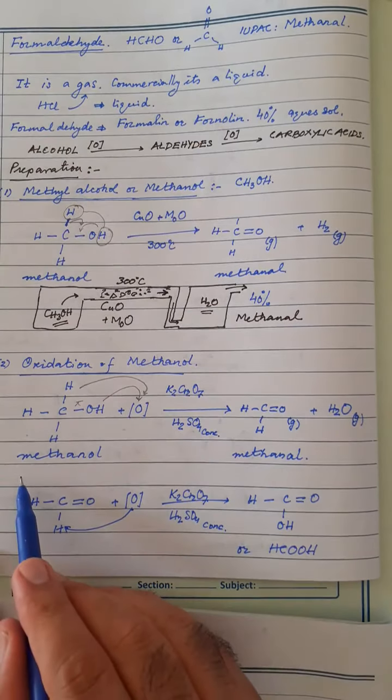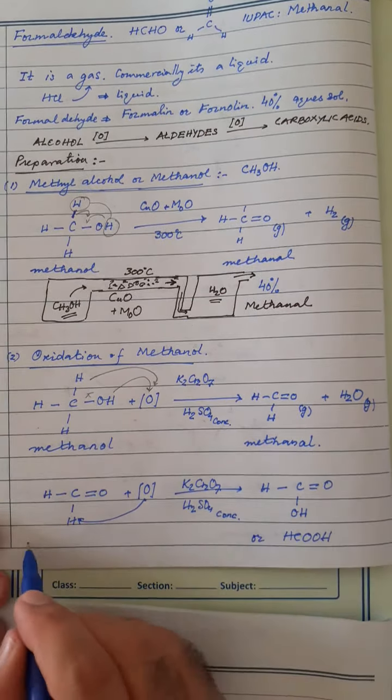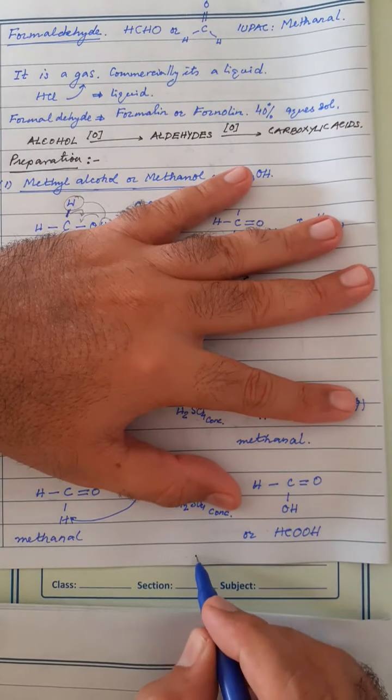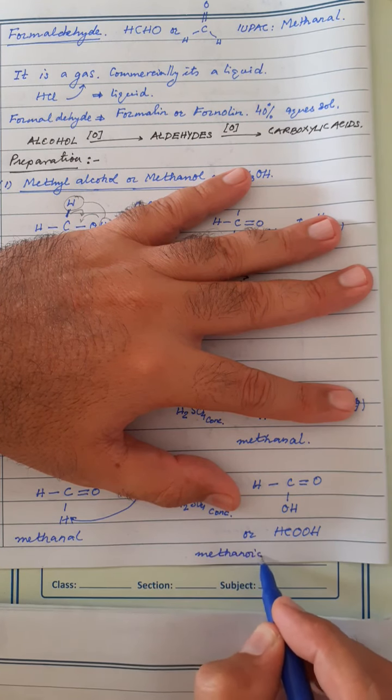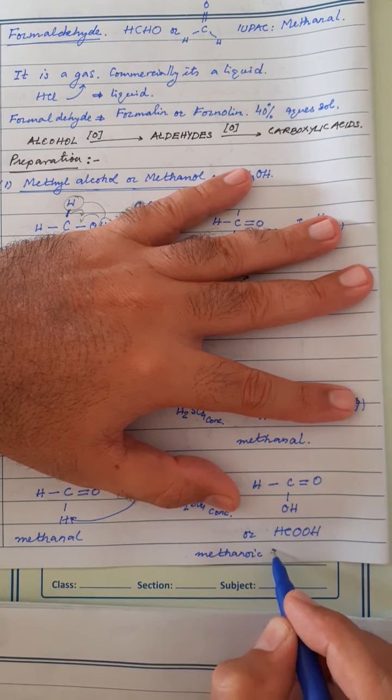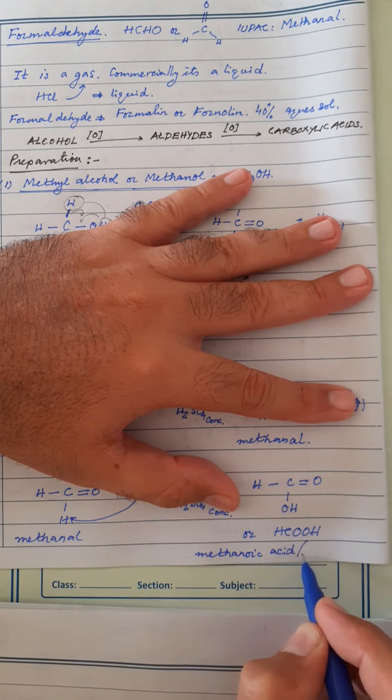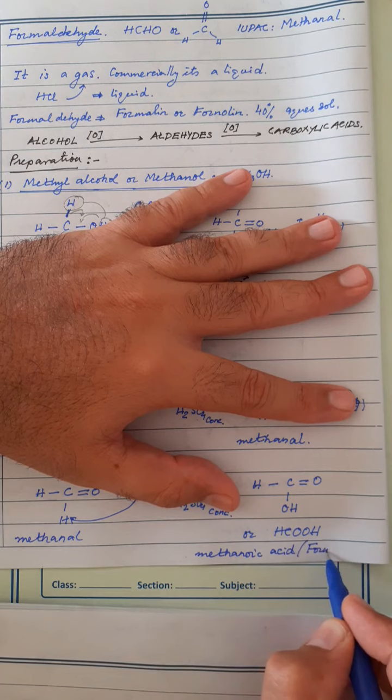This is methanol, methanol, and this is methanoic acid, the first carboxylic acid. Methanoic acid, commonly called formic acid.